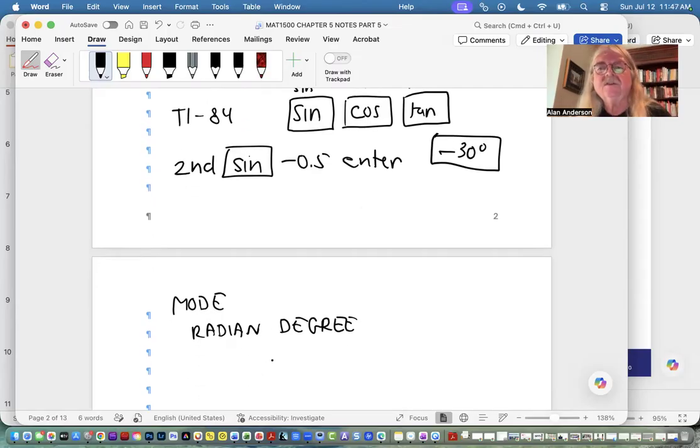Like if I switch this to radians right now and run it again, it comes up negative 0.523. It's a mess. But this is radians. Just keep that in mind. These are degrees, these are radians. Actually, it's a fraction of pi.